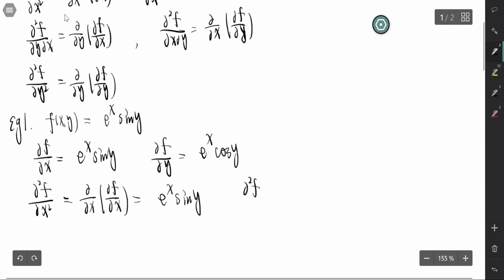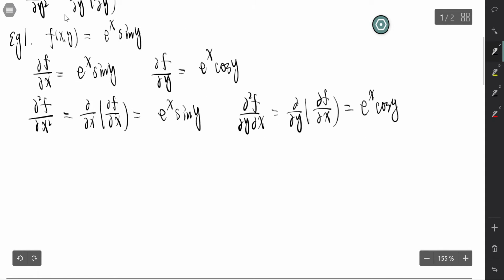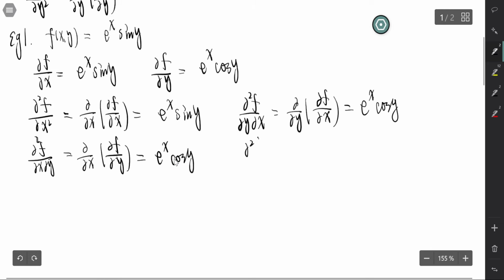And partial squared f, partial y partial x, is the partial derivative in y of partial f partial x, that is e^x cos y. Then partial x of partial f partial y, taking the derivative of partial f partial y in x, is e^x cos y. And partial squared f, partial y squared, that is partial y of partial f partial y, is negative e^x sin y.